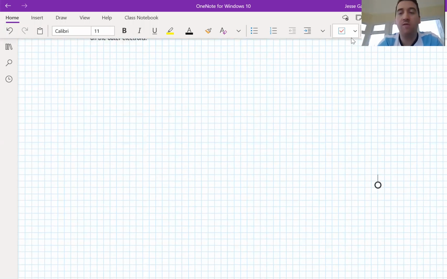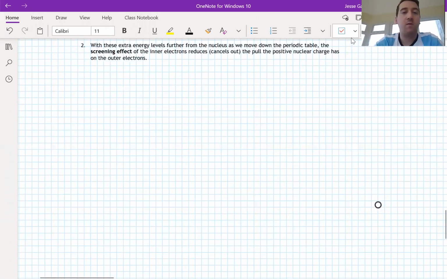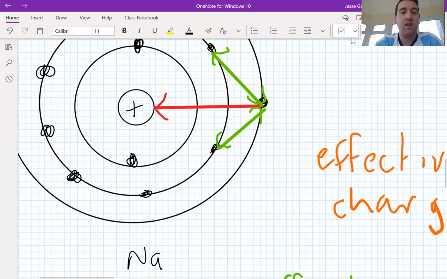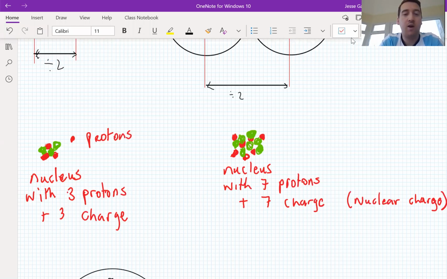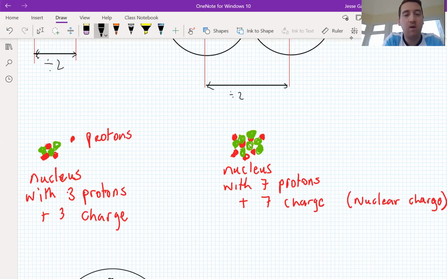Now, what happens when we move across the periodic table to the atomic radius then? Well, as you move from left to right across the period of the periodic table, what's happening is you are adding protons. And remember, when we add protons, just like up here, this was 3 protons going to 7 protons.